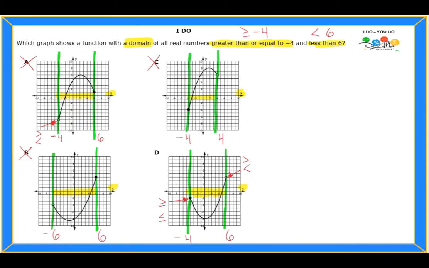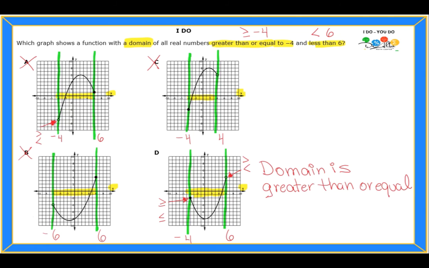If the numbers are to the right of negative 4, that means the domain is, remember, further to the right means bigger or greater. So domain is greater than, but also equal, because it's shaded, right?